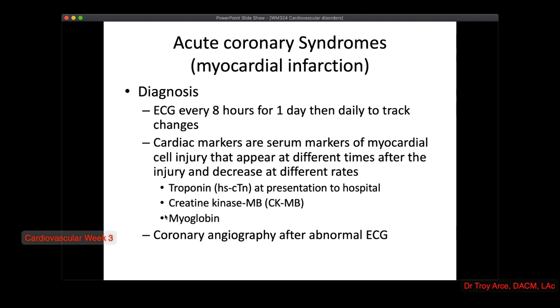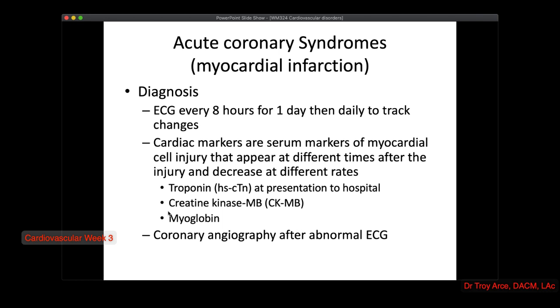So how do we diagnose this acute coronary syndrome, this myocardial infarction? Well, the ECG, every 8 hours, they're going to have this on the person once he starts experiencing these symptoms for 1 day. Then they're going to track him or her daily for any changes. The cardiac markers are going to show up. They're serum markers of myocardial cell injury that appear at different times after the injury.